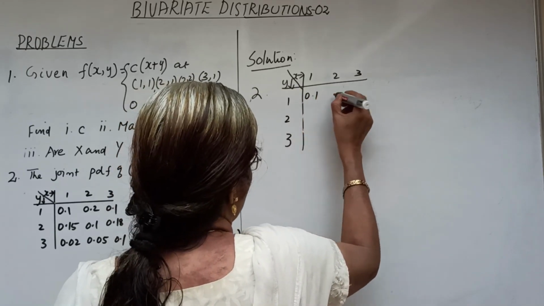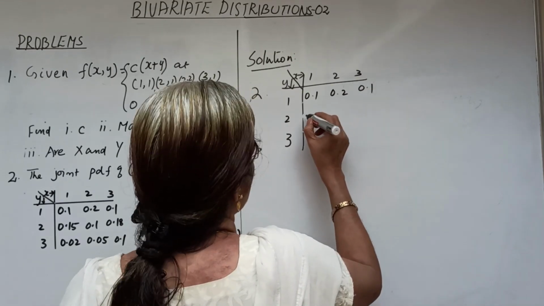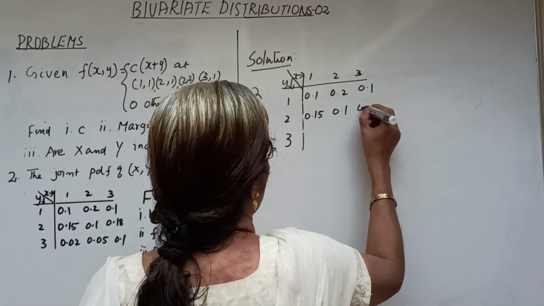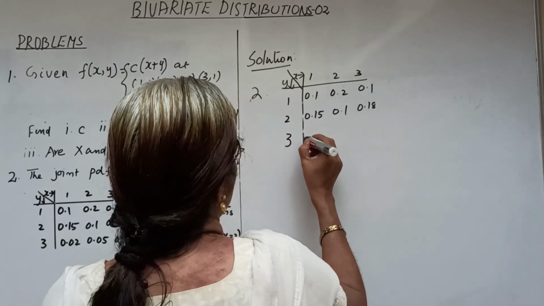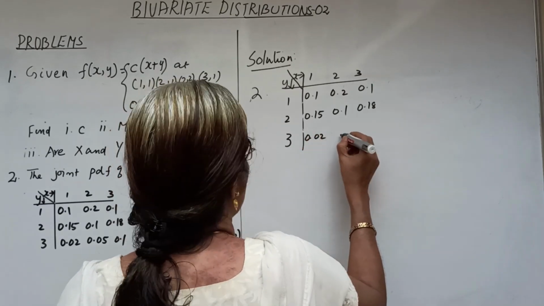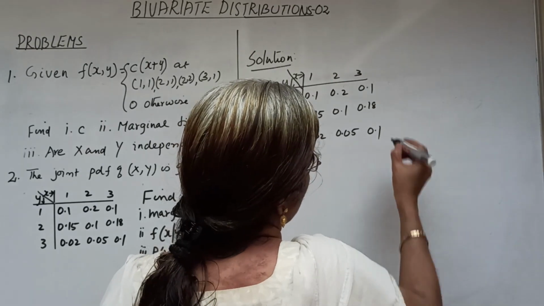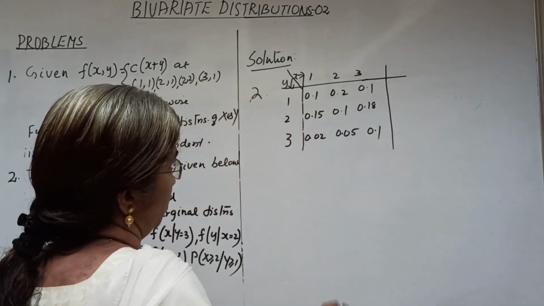We are given the probabilities 0.1, 0.2, 0.1, 0.15, 0.1, 0.18, 0.02, 0.05, 0.1. So that we can obtain the marginal distributions of x and y.